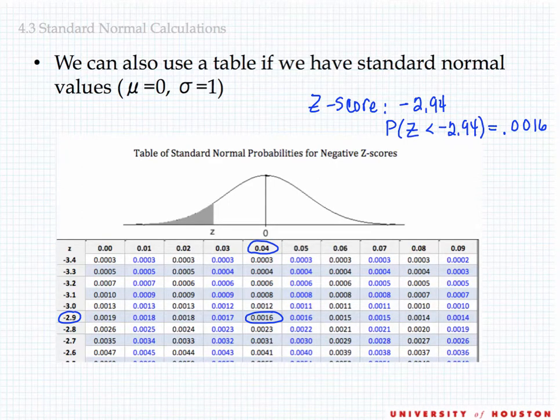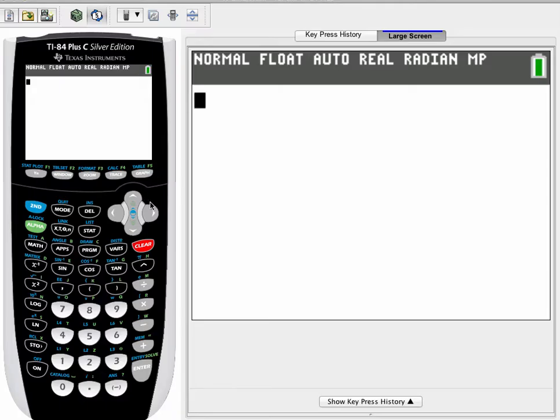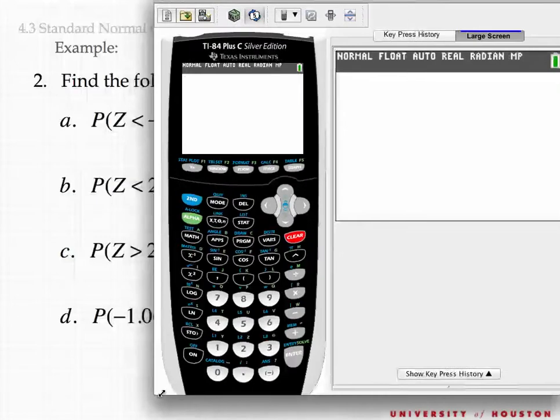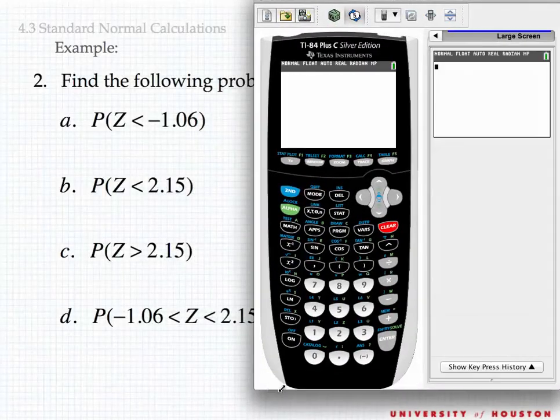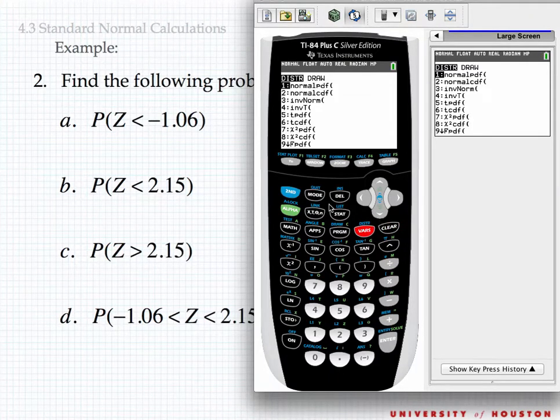Let's find some probabilities. The first probability was the probability that z is less than negative 1.06. Let's scoot this over so we can see everything. So I'm going to go to my distribution menu, go to normalcdf.